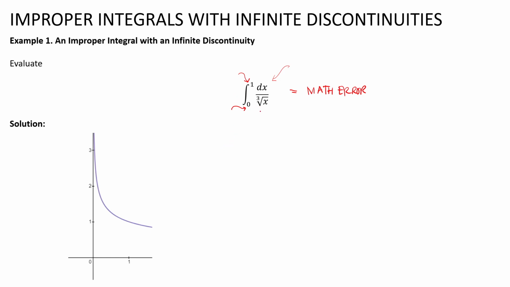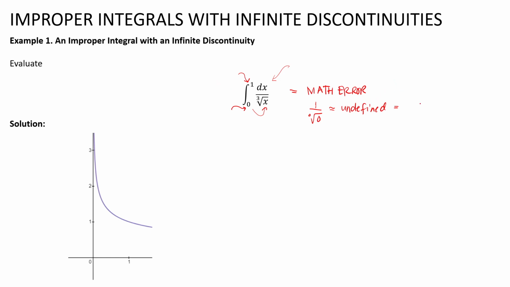So another method is to try plugging either limit into the given equation. If I plug in 0, this gives me 1 over the cube root of 0, which is an undefined number. So with the lower limit, I can already say that my given equation is an improper integral, with the lower limit being the discontinuous limit.